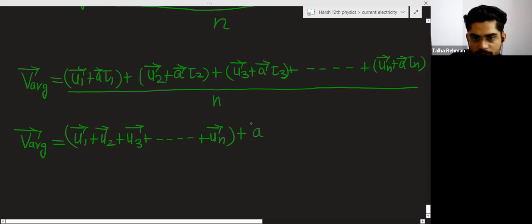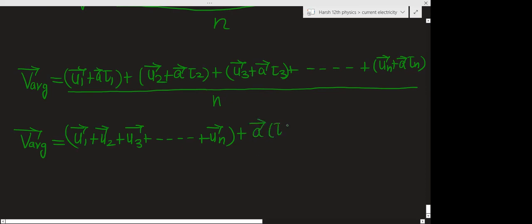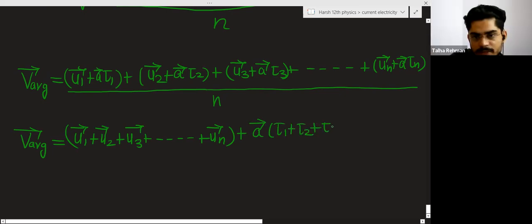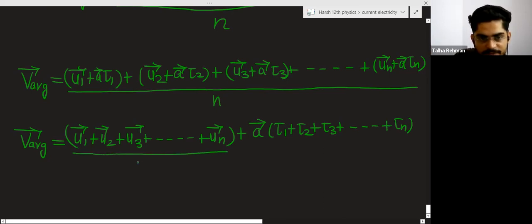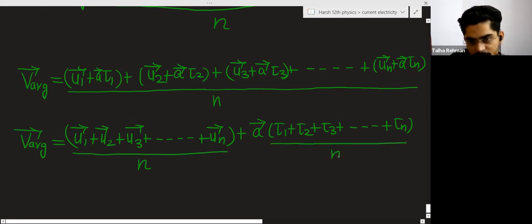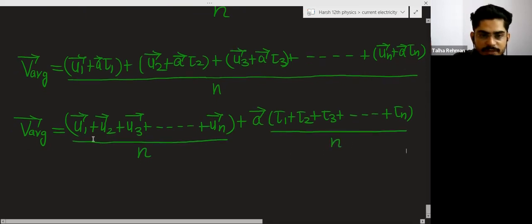You take A common, then you have tau 1 plus tau 2 plus tau 3 up to tau n, and we divide this with n, and also divide the other part with this n.